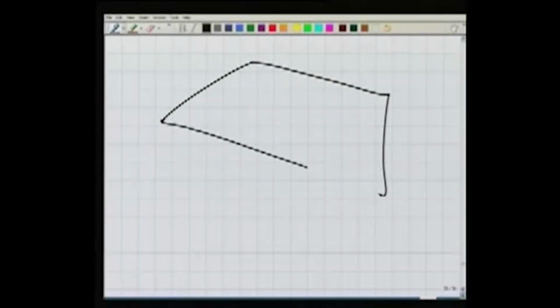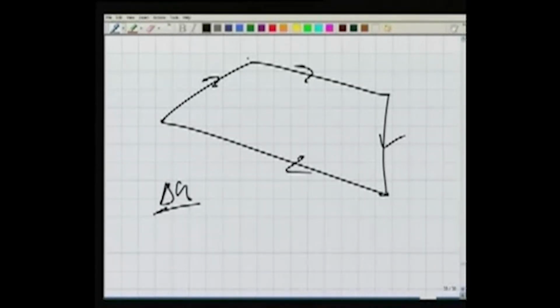Well, what is the way? In a network like this, if the closing error is delta H, and this is H1, the difference in elevation between 2 points is H1.